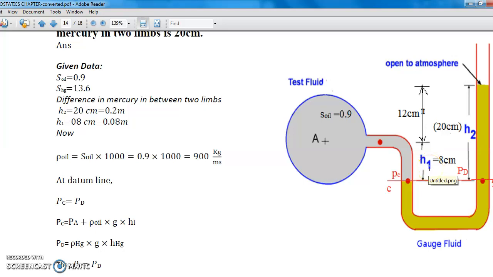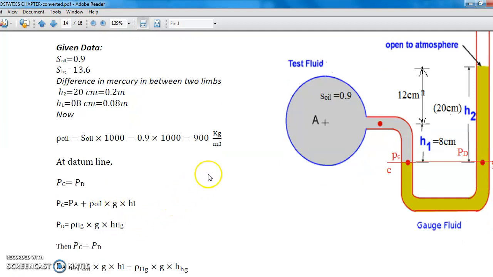So what is the pressure? All of you know that P is equal to rho g h. So density of the oil into g into height H1. So from the left side, PA plus density of the oil into g into H1.